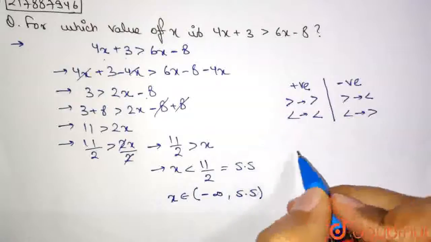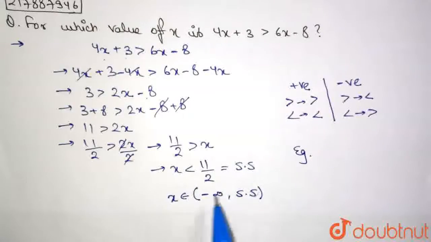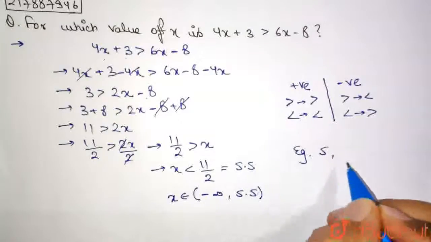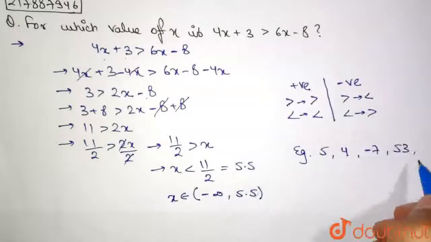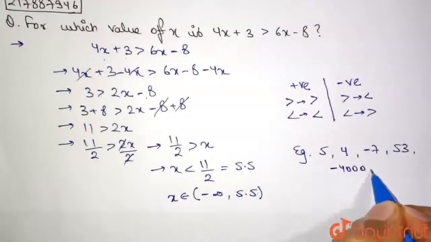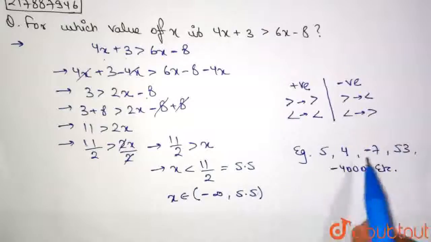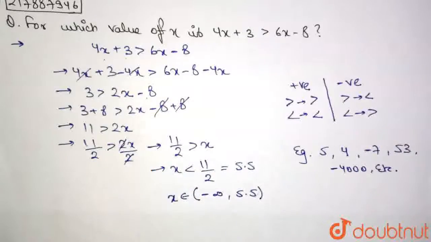For example, any value which falls in this range is 5 or 4, minus 7, minus 53, minus 4000, etc. So any of these values could actually be the answer to this particular question.